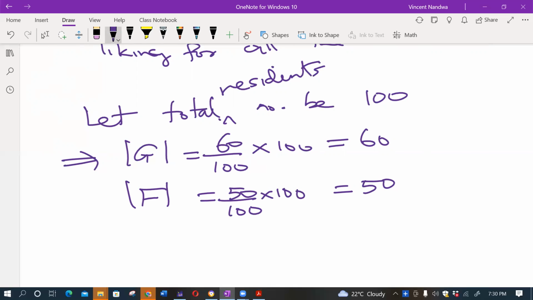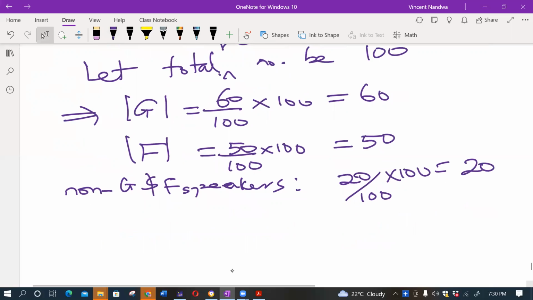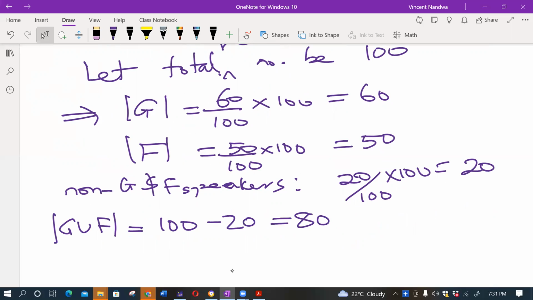Now, if 20% are non-German and French speakers, that will be 20% of the total, which is 20. So which means the union of G and F will be simply 100 minus 20, which is 80.